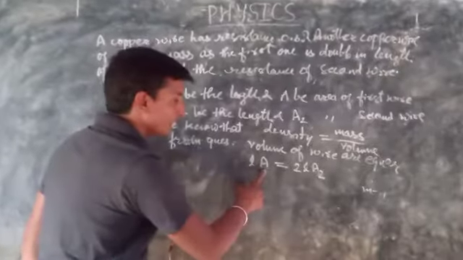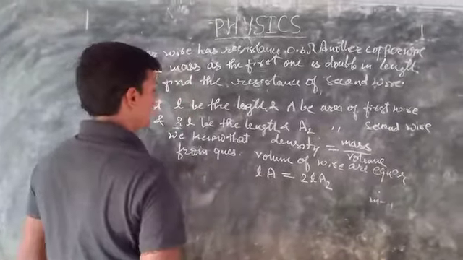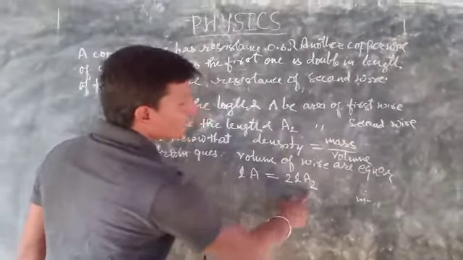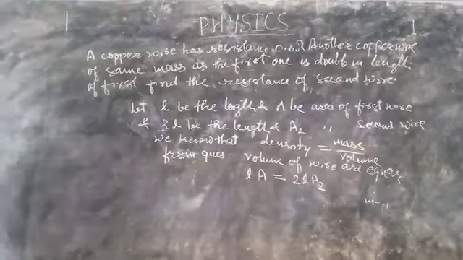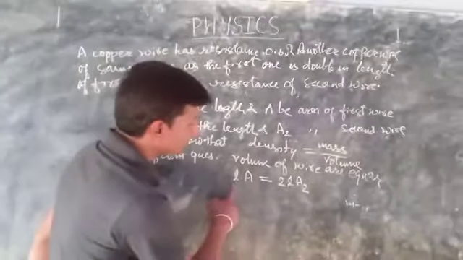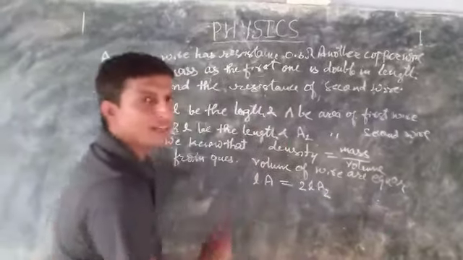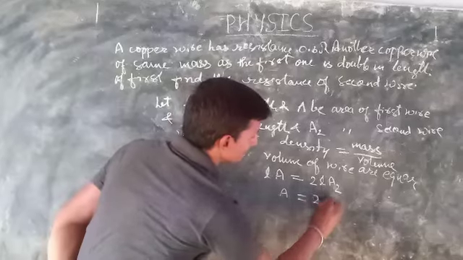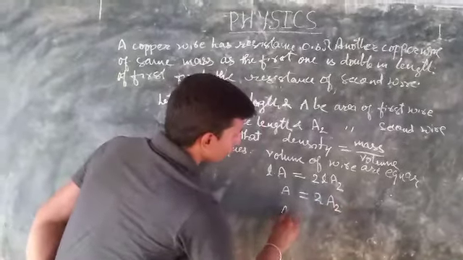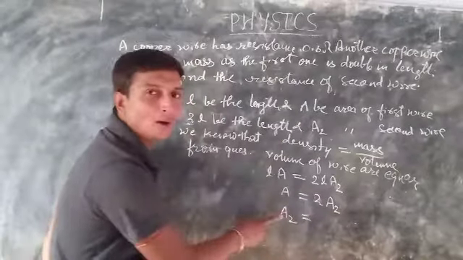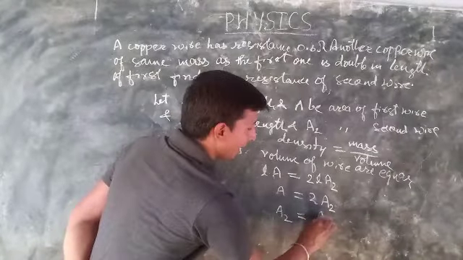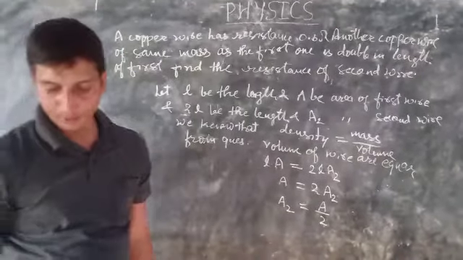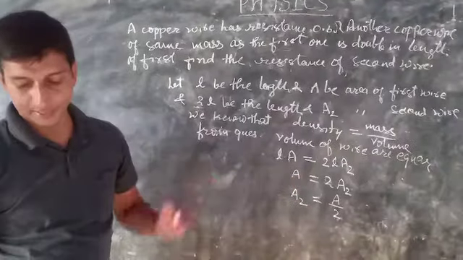Length into area gives the volume of the first wire, and similarly the volume of the second wire. Here length of wire gets cancelled out and A2 is equal to A by 2, that is, area of the second wire is half of the area of the first wire.